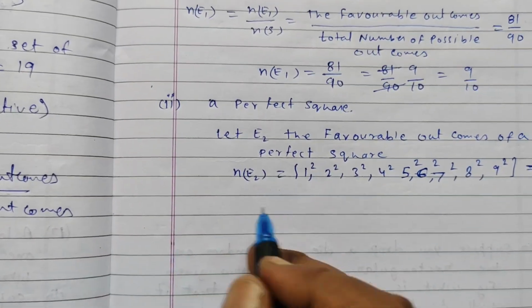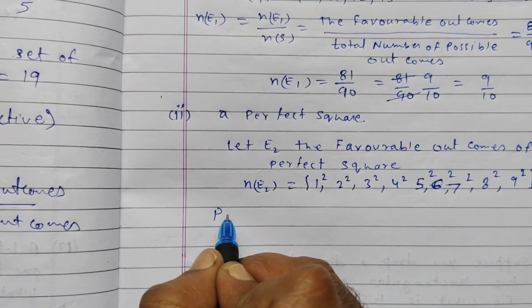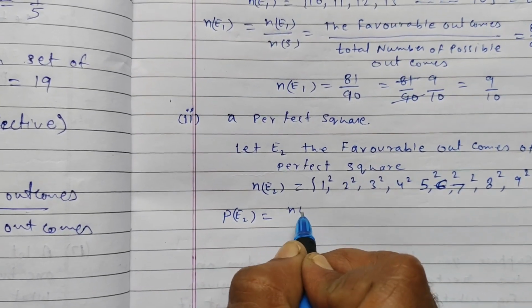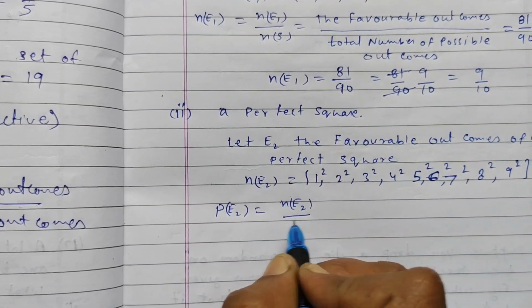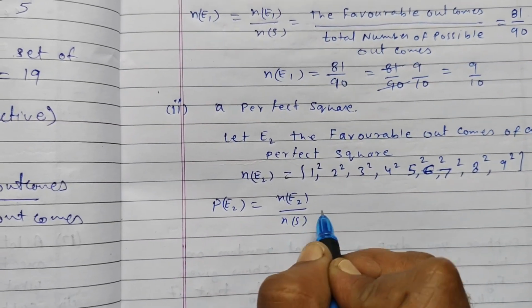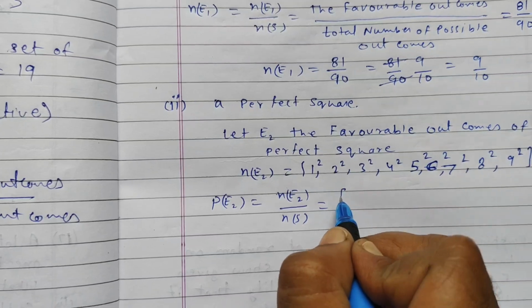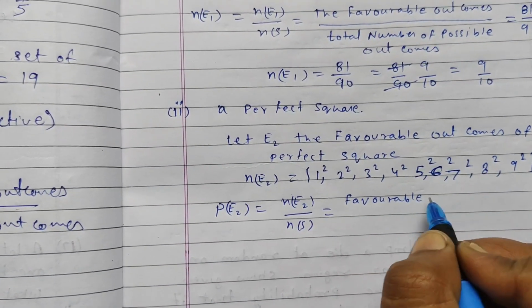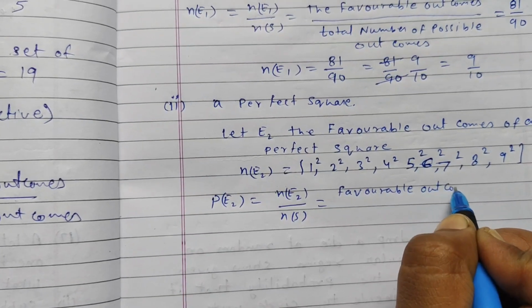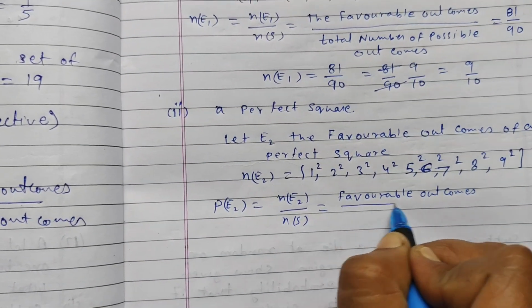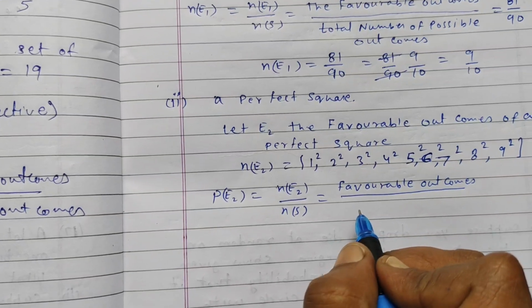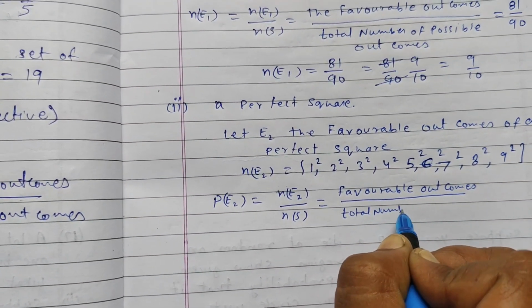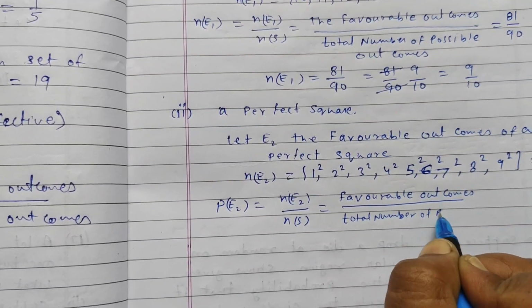So the probability of event 2 is equal to NE2 upon NS, that is, favorable outcomes upon total number of possible outcomes.